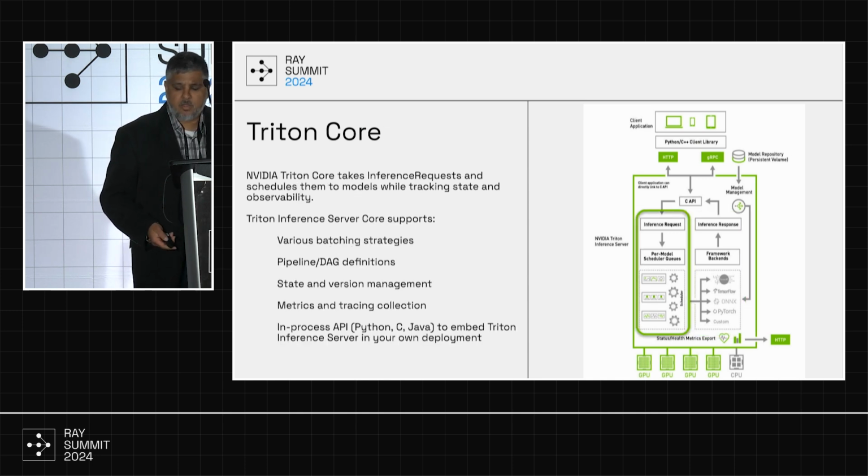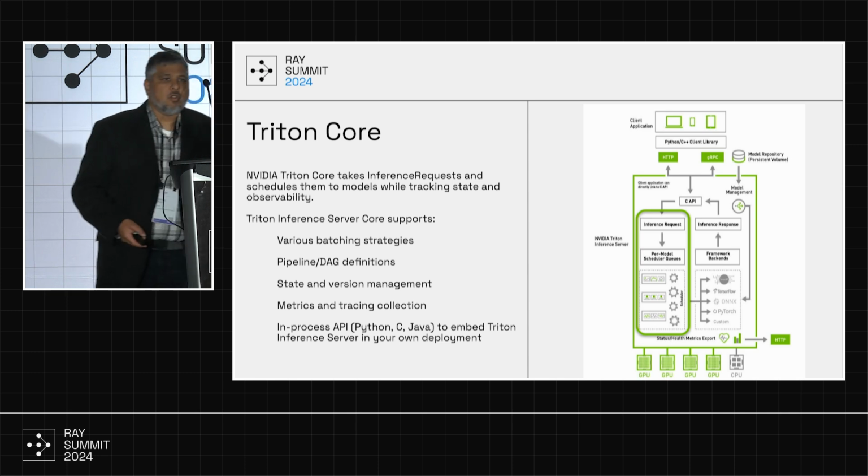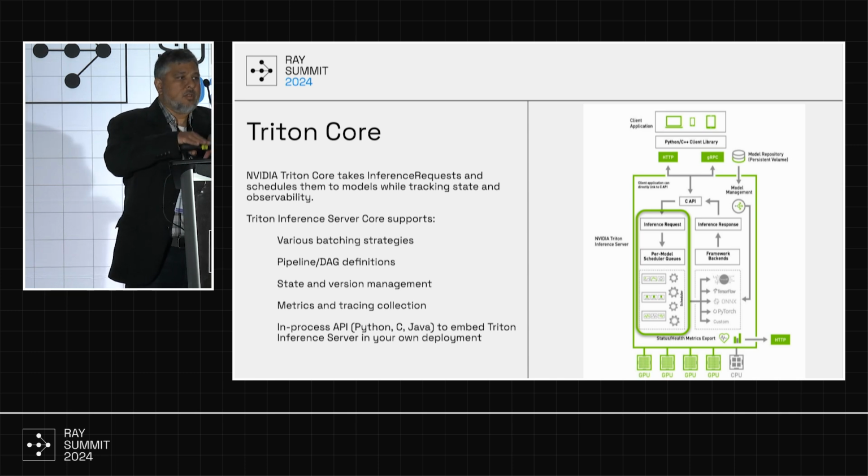Next piece of how we do that is the Triton core. So as I mentioned, the backends are really wrappers and optimizations around frameworks. The Triton core is kind of the middle piece, right? It sits in between an application and the backends. So it implements various framework-independent optimizations, such as dynamic batching, such as pipelining between different models, really focused on zero-copy memory, making sure that the memory transfers don't go back to the CPU if you don't need to, right?